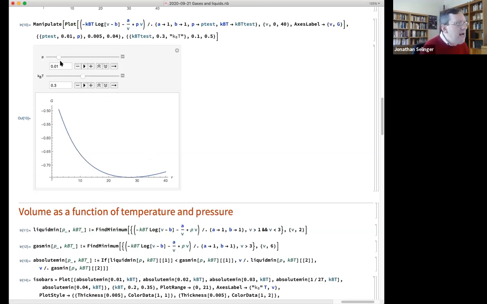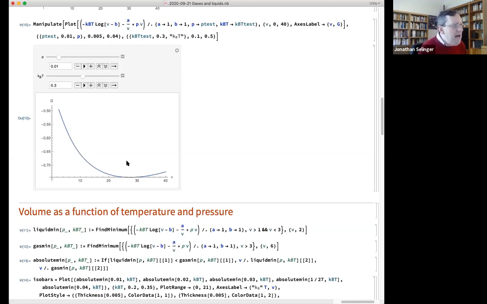At this pressure and this temperature, there's a minimum right there, at a volume of, I don't know, 27 in these peculiar non-SI units. This is similar to the minimum that would be calculated for an ideal gas. It's not exactly the same, but it's similar.